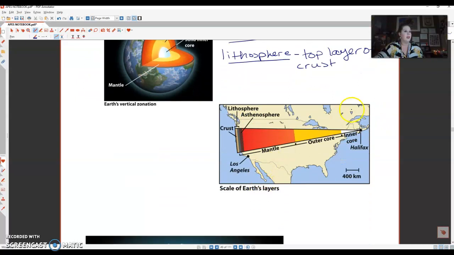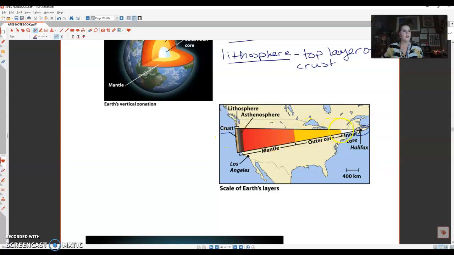Now let's look at the layers of the earth in comparison to the United States. A lot of people don't really understand how deep the earth actually goes, and I think this is a really good visual for that. Here we have the crust, and here is the inner core. So you can see that if you were to drill straight down to the core, which right now is impossible for us, it is roughly the width of the United States.